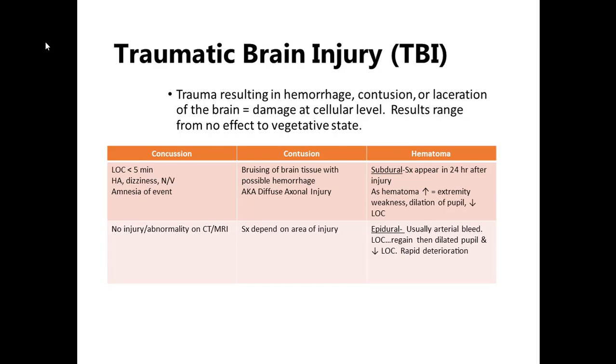Concussions are called a TBI. Contusions is basically just a bruise on the brain tissue, and a hematoma is like an actual blood bubble. Depending on where it's at with the hematoma, the symptoms will be a little bit different.